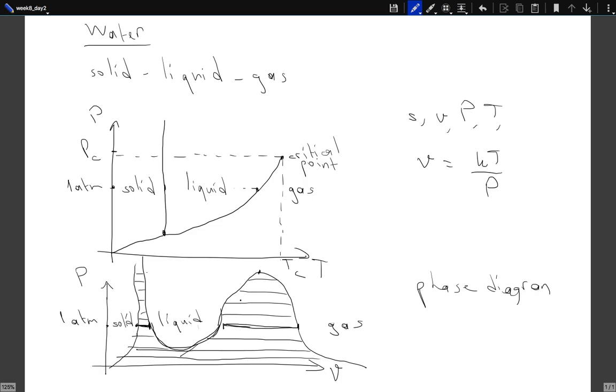This is the critical temperature, critical volume per particle. Again, here you have the critical pressure. Above that pressure, there is actually no distinction between liquid and gas.